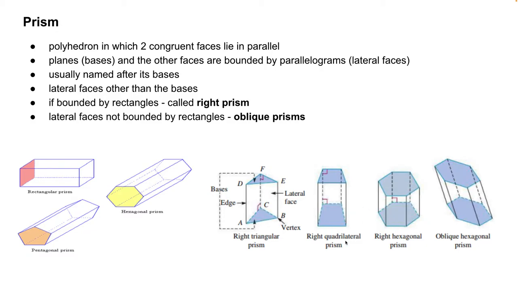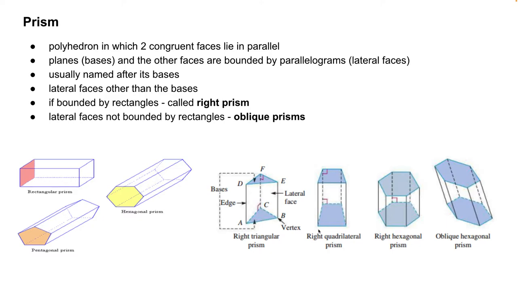How do we name it though? Depending on the shape of the bases. For this one, it is a quadrilateral. We don't know anything else, whether these two are parallel or not. If these two are parallel, you can name it differently, but all four-sided polygons we call quadrilaterals. So we can say this is a right quadrilateral prism.